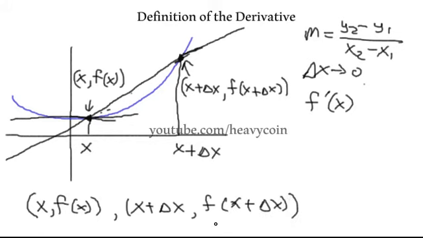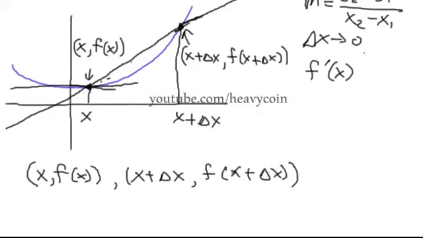I remember when I was first learning this, the x plus delta x right here really threw things off. This is just one single number. You have to keep in mind it's one single object, this x plus delta x right here. Okay, so we're going to use our slope formula, y2 minus y1 over x2 minus x1, to find the slope.